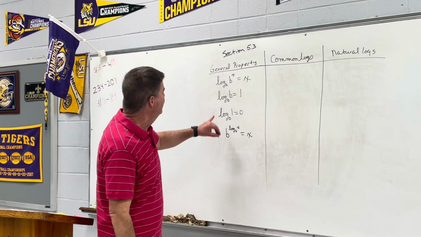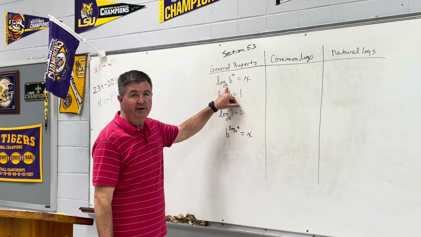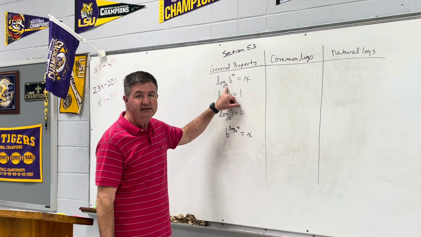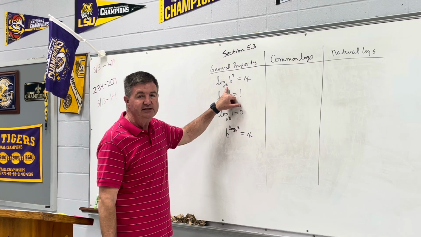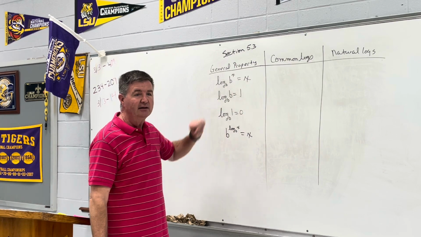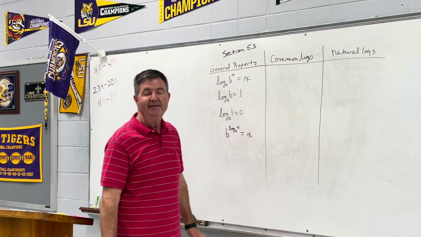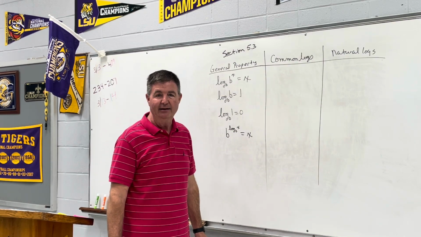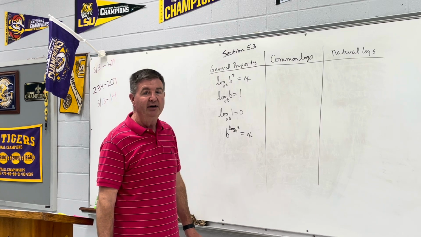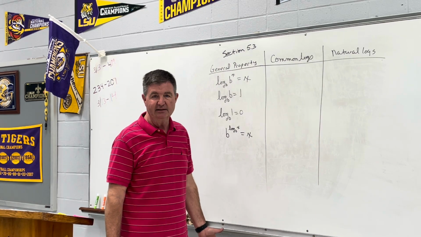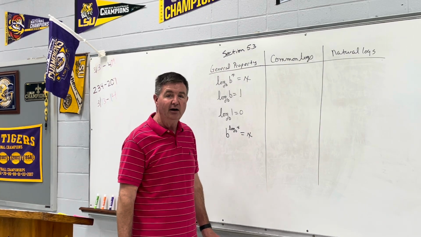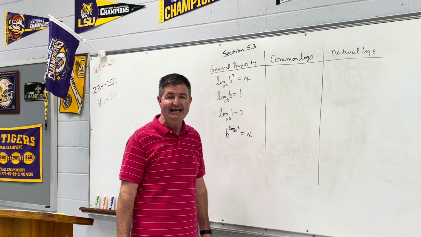Well, I can't do log with all these different bases. There's no button for me to put log base 2, log base 5, log base 7. So they use a log that's very common, otherwise known as a common log, and that is log base 10. But on the calculator, it just says log. So anytime you hit the log button on the calculator, it's base 10.